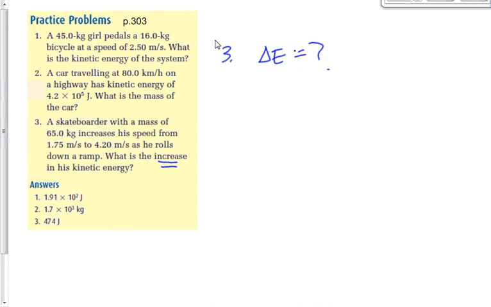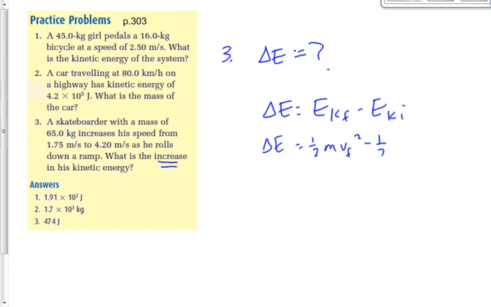All right. To find delta something, we have to say something final minus something initial. So we're going to say EKF minus EKI here. Now, the final kinetic energy is 1/2 m vf squared, and the initial is 1/2 m vi squared. Can you cancel out the m there? Same mass, both terms, right? Can I cancel out the m? Sam?